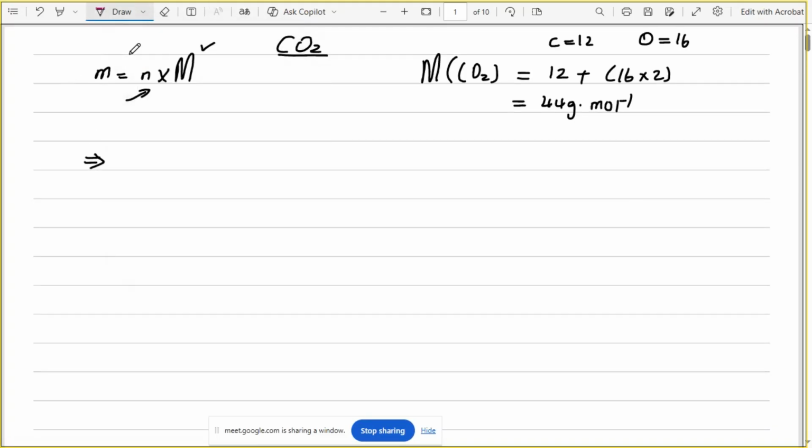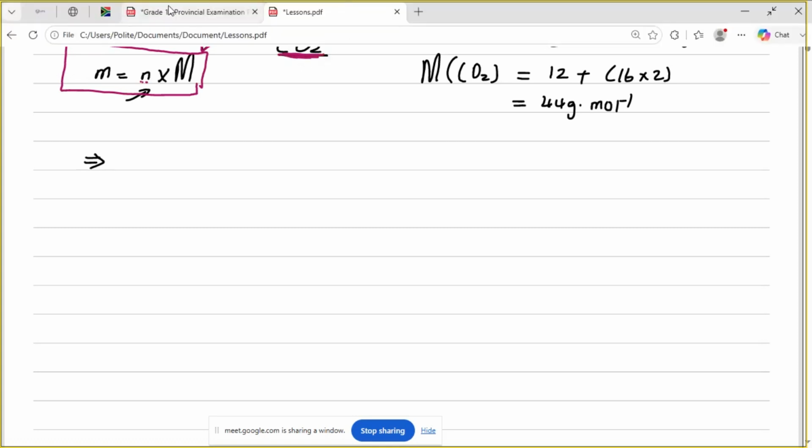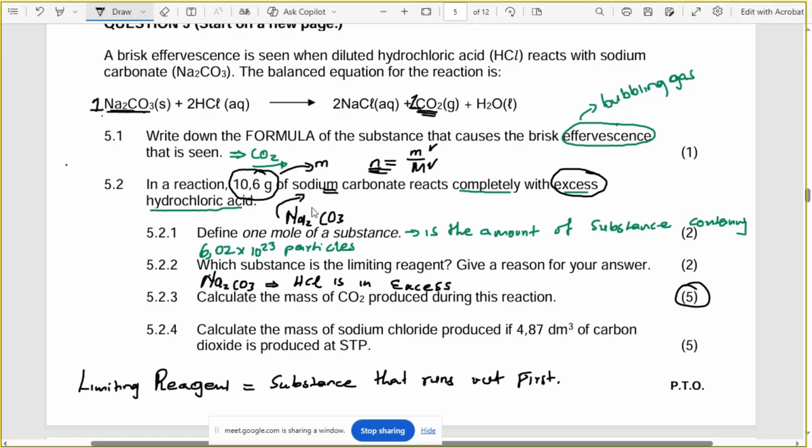If you look at this question, this is the formula that we're going to use to find the mass of CO2. On the mass, we already have the molar mass. The next step is to find the number of moles for CO2, but we don't have enough information on CO2. But when you look at the statement, we are given the mass of what?